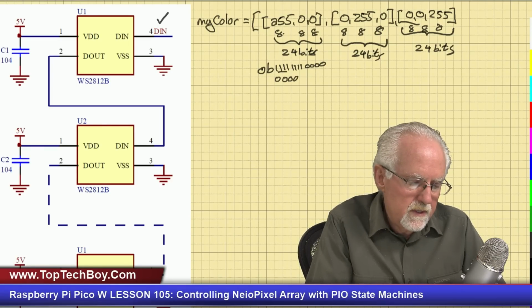So this is the 256. This is the first 0, and then the second 0 would be 0, 0, 0, 0, 0, and then 0, 0, 0, 0. So this would be 1, 2, 3, 4, 5, and then I would need 1, 2, 3, 4, 5, 6.